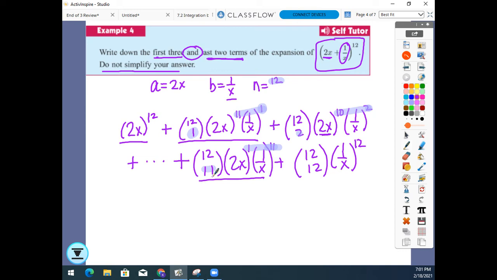So I'm going to use some of this to help us on the next one, because what if we just need to know some random term? So here on the first term, R is 0. You see that? Because there's no second term. On the second term, R equals 1. On the third term, R equals 2.